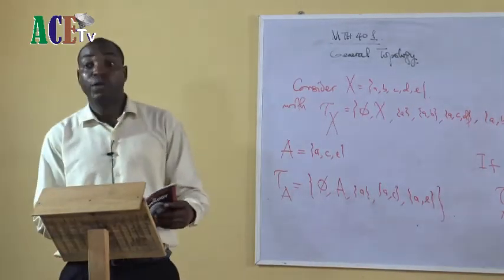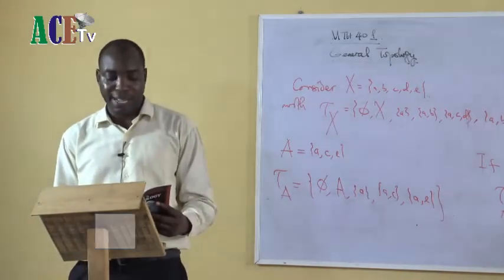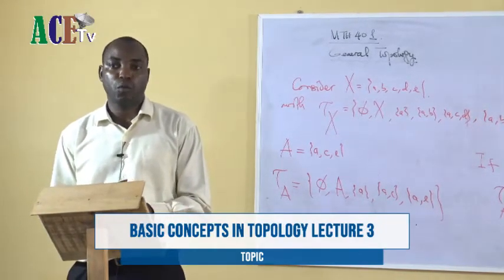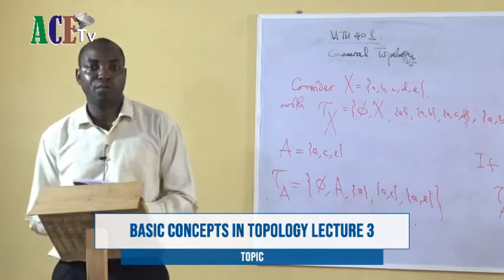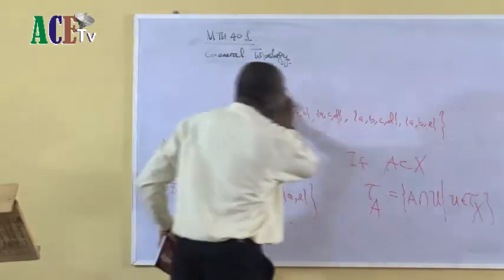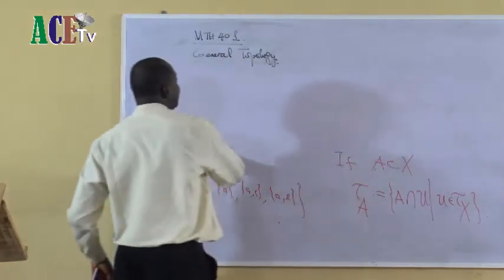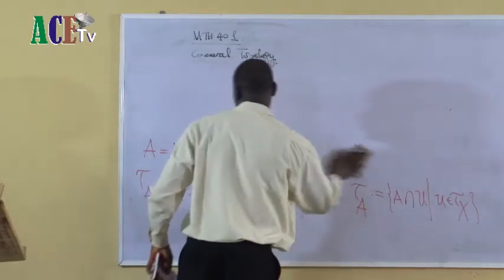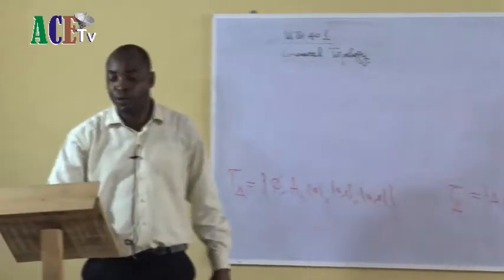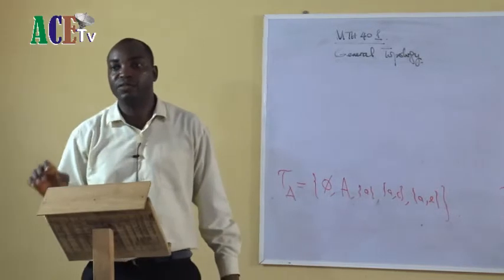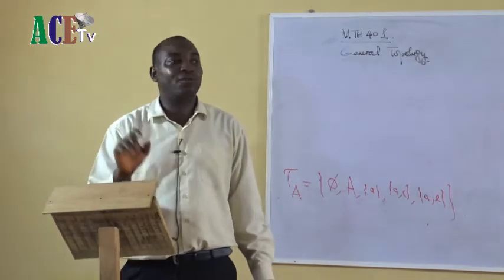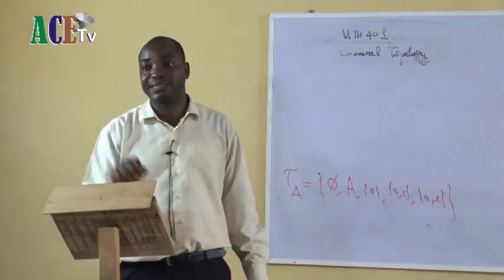Now, having done with that, the next thing we want to look at is what we call basis and sub-basis of topology. When we talk about bases, we are talking about the building blocks of topology. Just like the human body or any living organism is made up of tiny cells, the aggregate of the cells makes up what we call the organism.